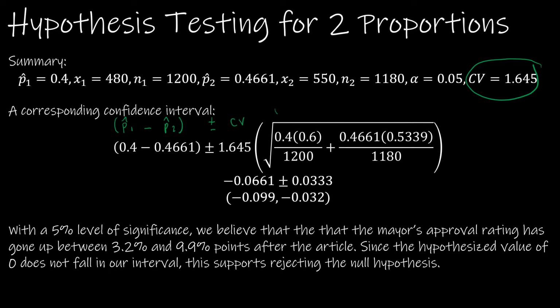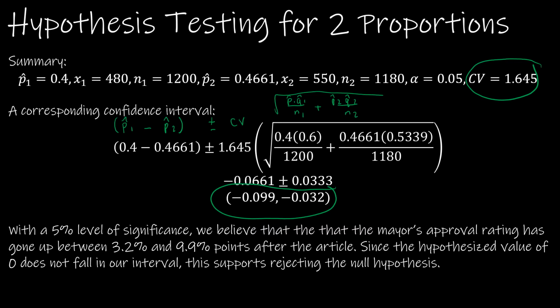And then this is the square root of p hat 1 q hat 1 over n1 plus p hat 2 q hat 2 over n2. Our interval then is negative 0.099 to negative 0.032.